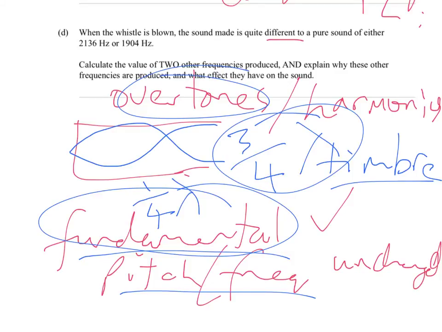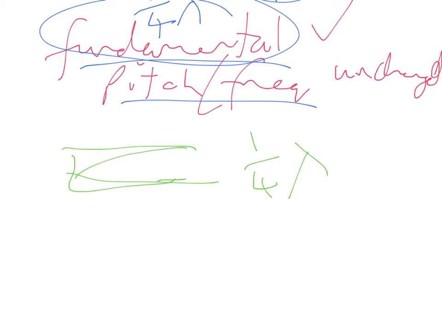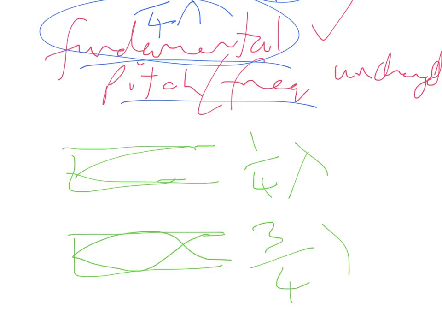Maybe we'll just move down a little bit, give ourselves a bit more room. Okay, so change a bit of colour for a bit of fun too. Previously we had 1/4 of the wavelength in there. Now in the same length we would have 3/4 of the wavelength.